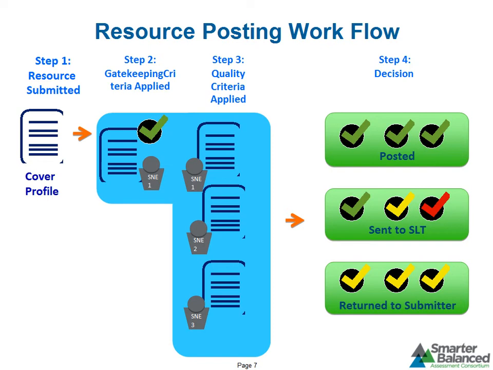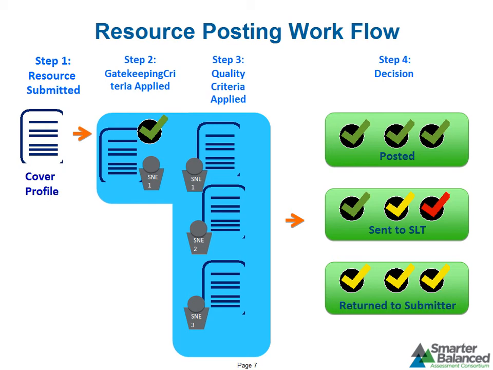That person and 2 other SMEs will review your item using the quality criteria. We'll talk more about the gatekeeping and the quality criteria in training too, and what that looks like. If all 3 of them, SME 1, 2, and 3, decide that it's good and that it should be posted, then it will get posted to the digital library.